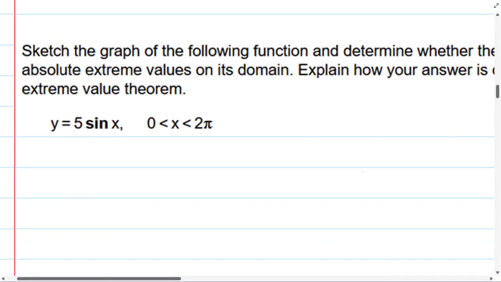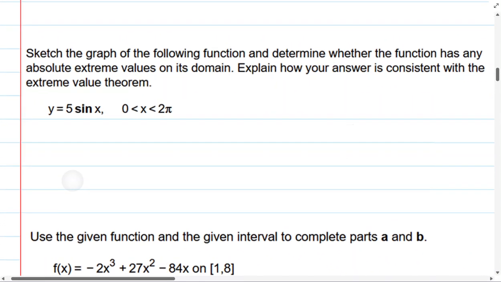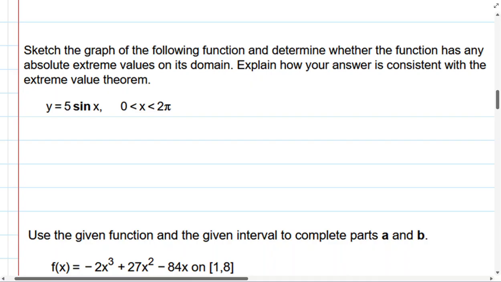All right, so we have this example here. We want to sketch the graph of the following function and determine whether the function has any absolute values on its domain. Explain how your answer is consistent with the extreme value theorem. So we have one complete cycle, right?